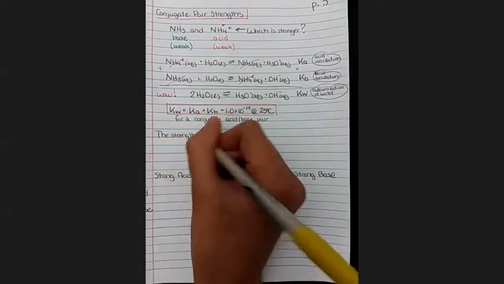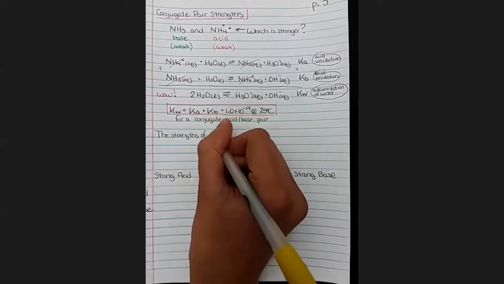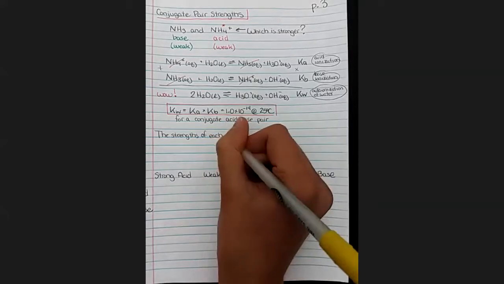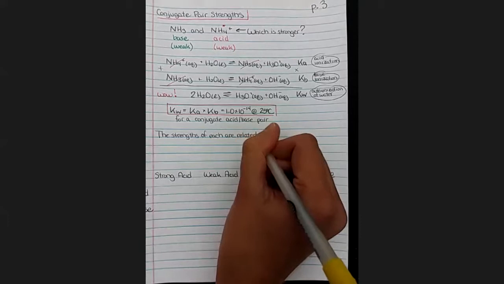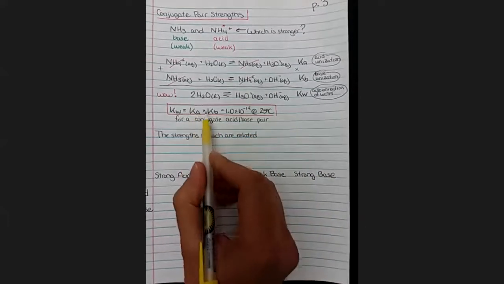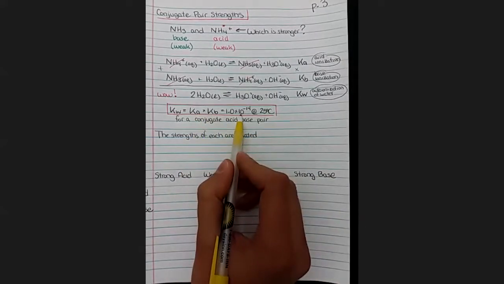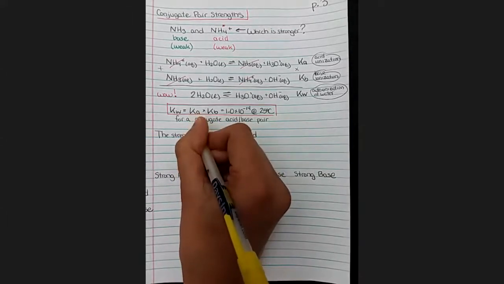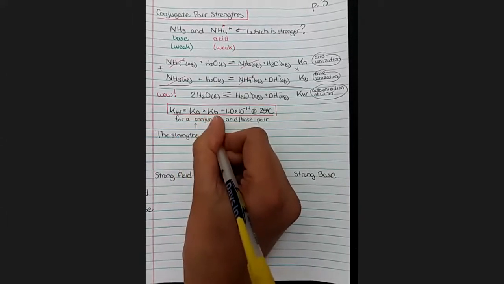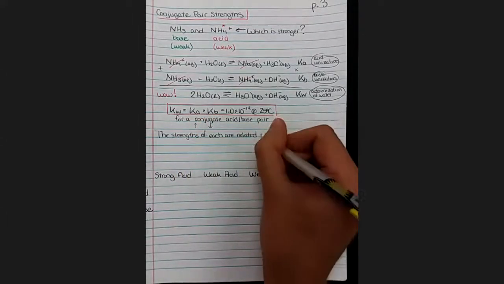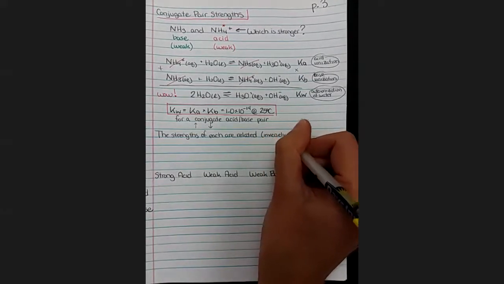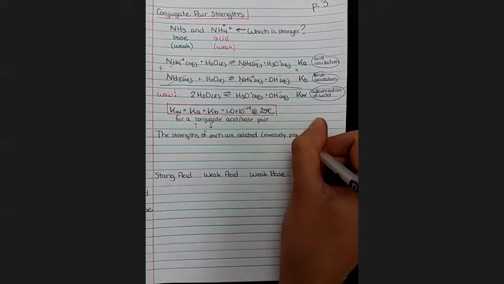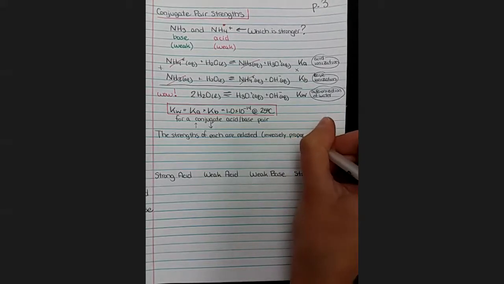So the strengths are related to the Ka and the Kb, and they are related to each other. How are they related? Well, if you multiply the two of them, you end up with a constant. So that means that if you increase one of them, you have to decrease the other. So they're inversely proportional. There are an awful lot of inversely proportional relationships in this chapter.